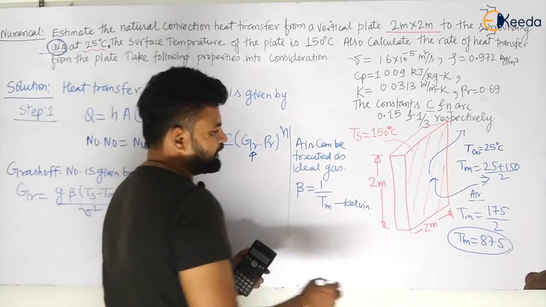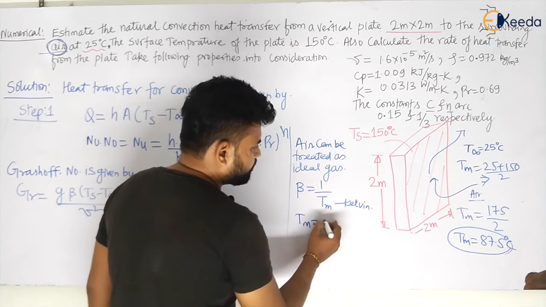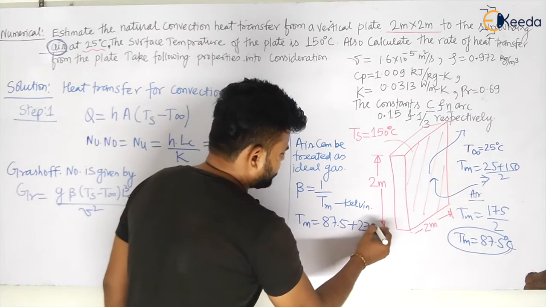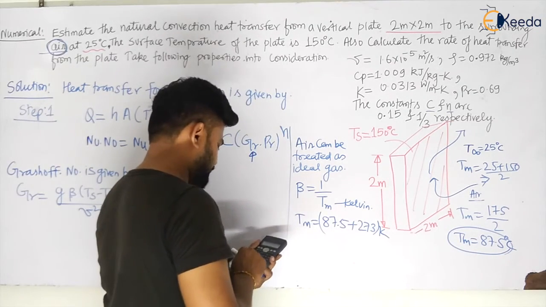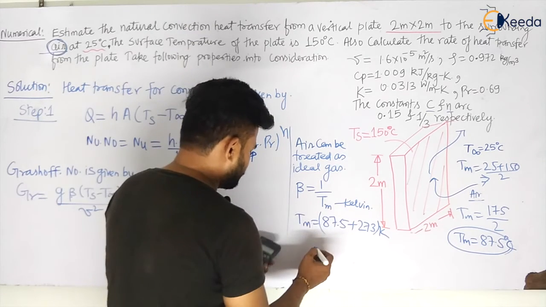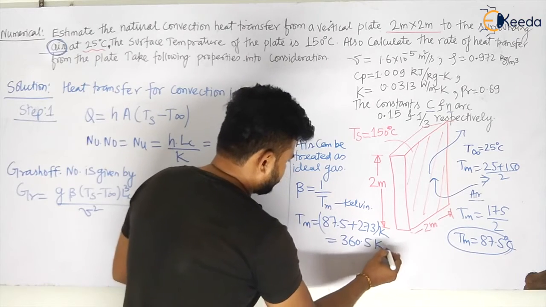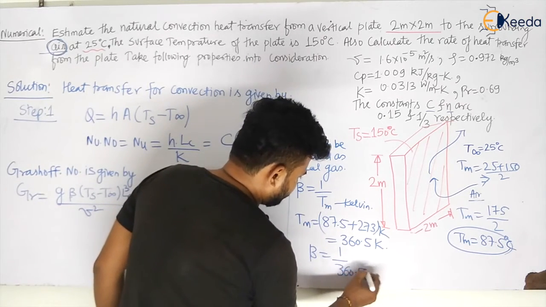This is in degrees Celsius, my dear students. Let us take it in Kelvin. So Tm will become equal to 87.5 plus 273, and this value will be in Kelvin. This will be 360.5 Kelvin. So beta will be equal to nothing but 1 by 360.5 Kelvin, my dear students.